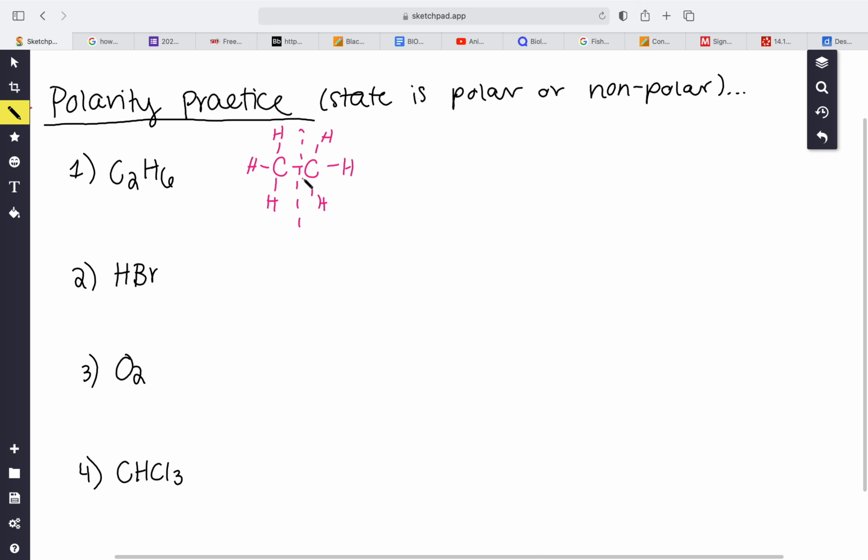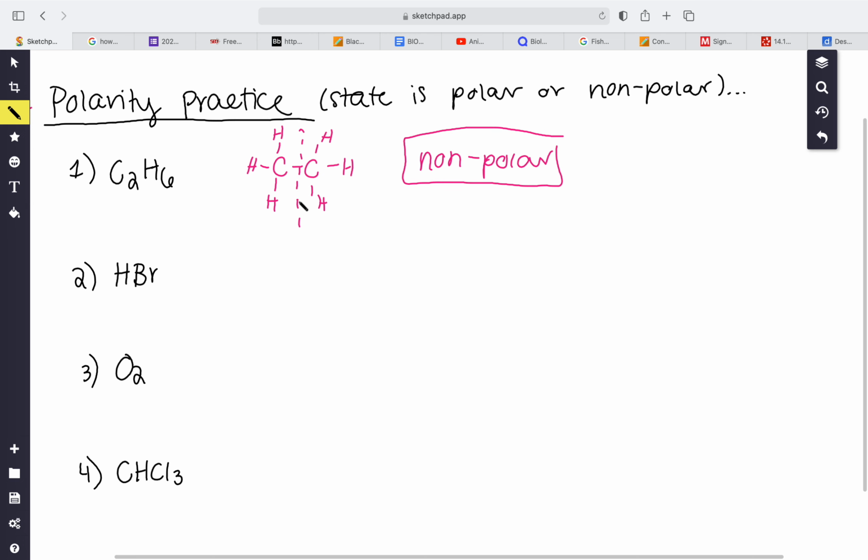But we can say this is symmetrical and these are the exact same things being pulled by the exact same thing. So nothing really special is going on here, and there's no pulling or unsharing of electrons. They're all sharing it very evenly because it's basically the same thing. So we're going to say that is nonpolar for number 1.